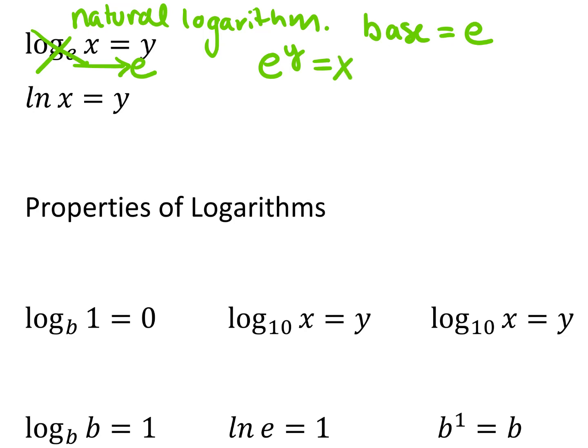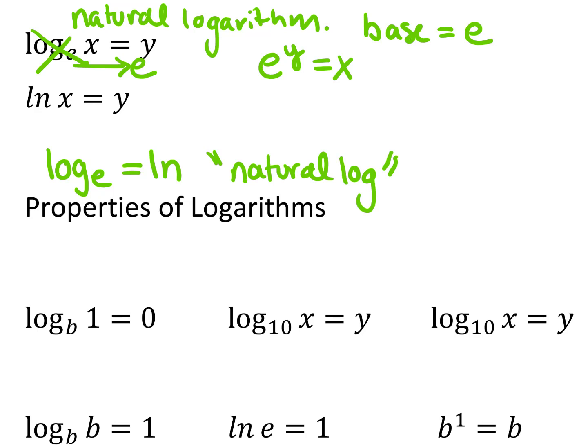Now instead of writing log base e, there's a shorthand. Log base e is actually equivalent to an L with an n next to it, ln. What's important is that you recognize that, so when you see ln x, that is our natural logarithm, so in your brain you have to remember that it's really a logarithm. It's a fancy way of saying the natural logarithm. So these two lines are equivalent to each other.